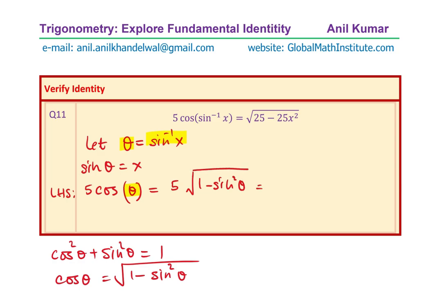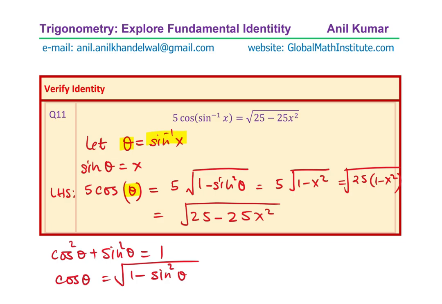Now we know sine theta is x, so this is 5 square root of 1 minus x squared. Taking 5 inside gives us 25 times 1 minus x squared, which is the right hand side, right? Which is square root of 25 minus 25x squared. You get the idea. So that is the reverse type of thing which we have done.